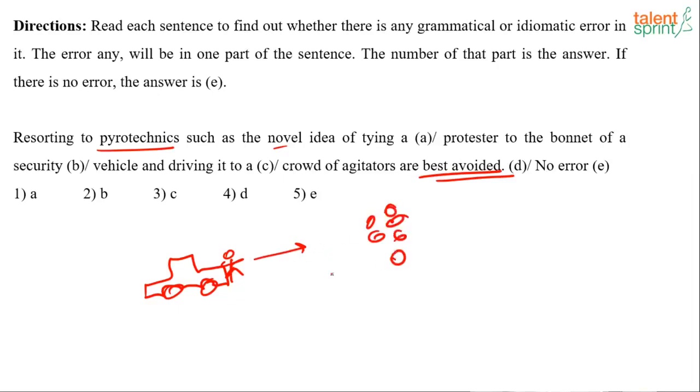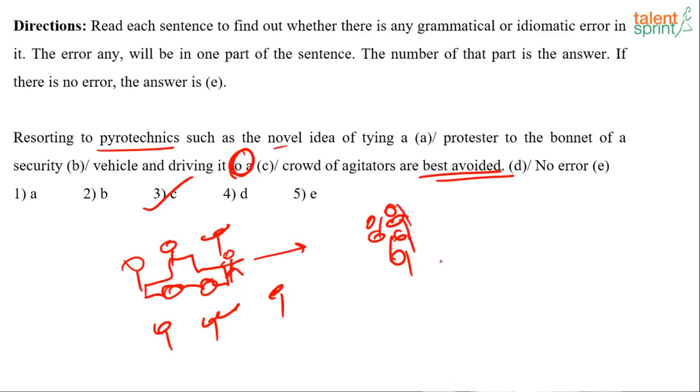We are talking about taking it through the protesters. So the preposition which is wrong is in driving it to a crowd of agitators. Option C has the error. Pardon my drawing, I just wanted to explain it. It is talking about taking it through the protesters and not to them.